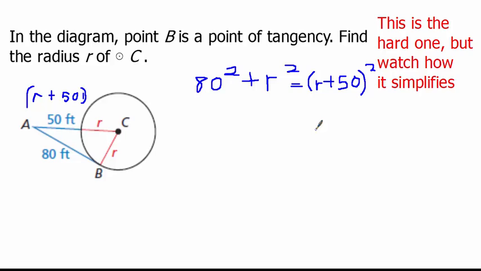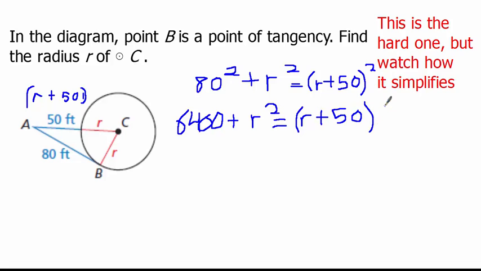Okay, so I'm going to simplify what I can. 80 squared is going to be 6,400. Got to keep the r squared. And you need to remember FOIL: firsts, outsides, insides, lasts. If you struggle to remember this, you're going to write it out as two of the same things that you are multiplying.